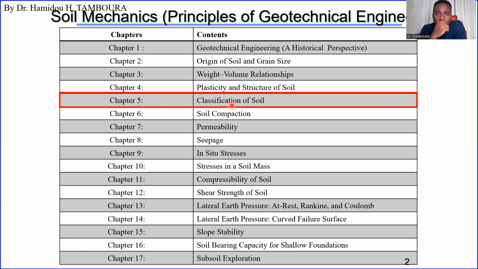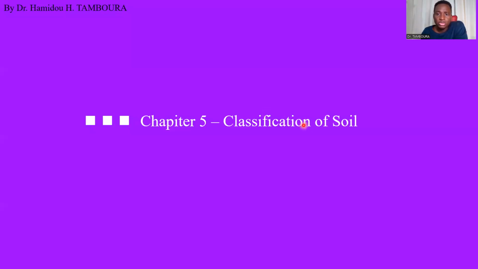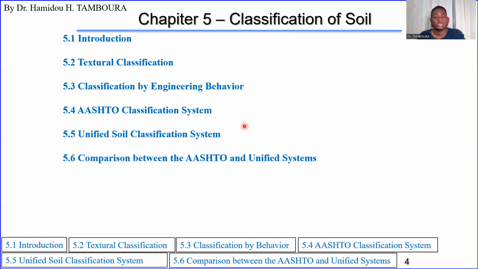We are still on chapter number 5, which we are trying to complete with this video. So, classification of soil. By the end of this video, you will be able to classify any type of soil according to any classification system, or let's say mainly with AASHTO system and unified classification system.